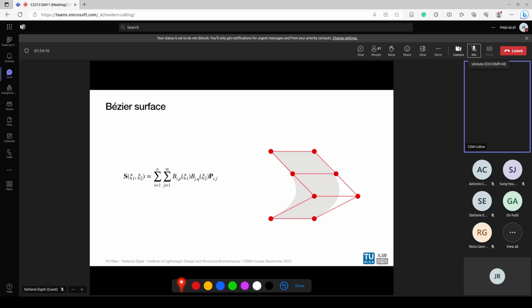So now we have a double sum. So this has to be a structured grid of control points. And those basis functions are simply the univariate basis functions using one of these parameters. So the surface is a tensor product structure of the 1D Bezier splines.